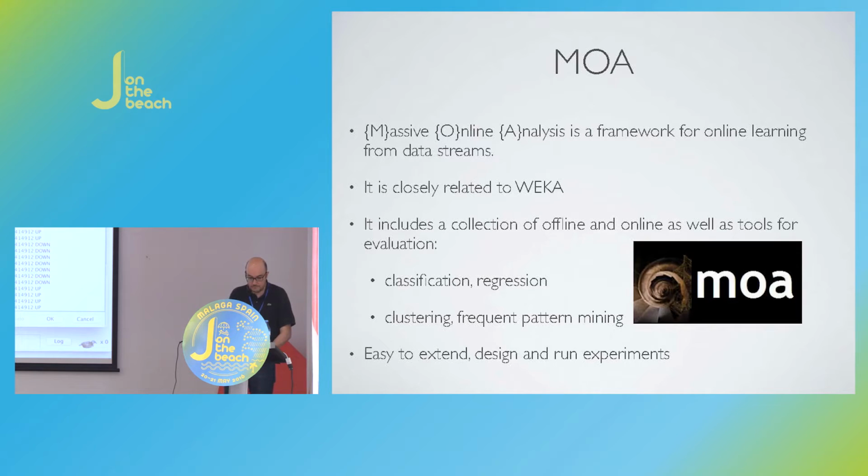So Weka is non-streaming. What we do is we have the data set, we choose which classifier we want to use, and we decide the evaluation. In that case, we're going to use 66% to learn and the rest to test. So we start, and then at the end we get the model. In this case, it's a decision tree.